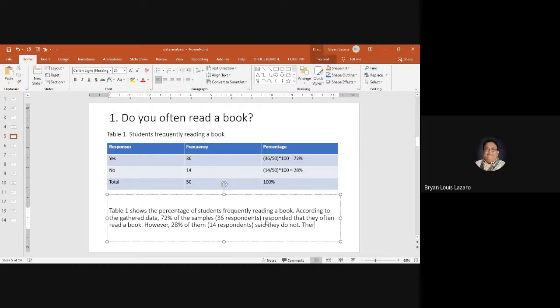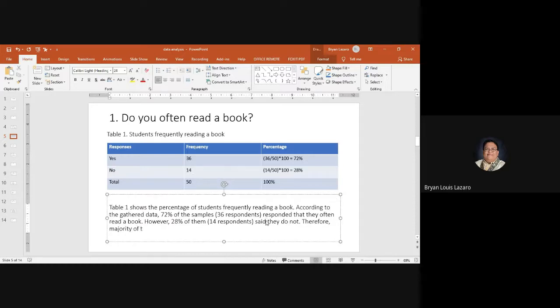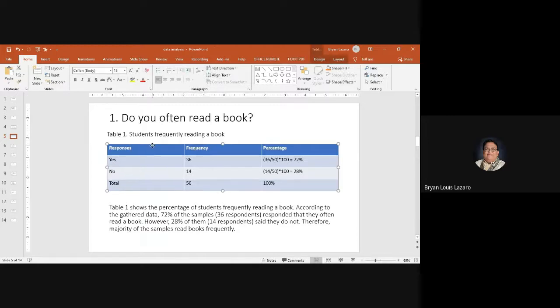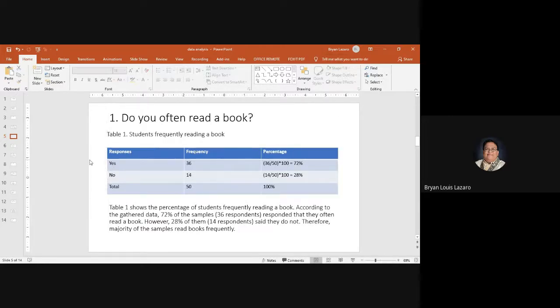So, pwedeng, therefore, majority of the samples read books frequently. Kuha? And there you go. That's how you're going to interpret a data.